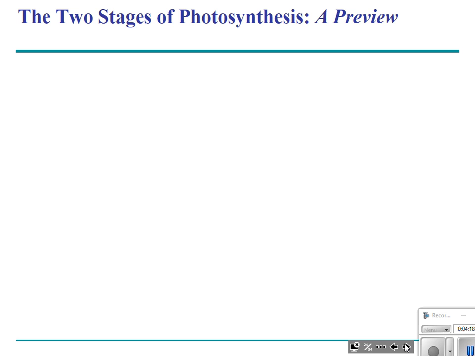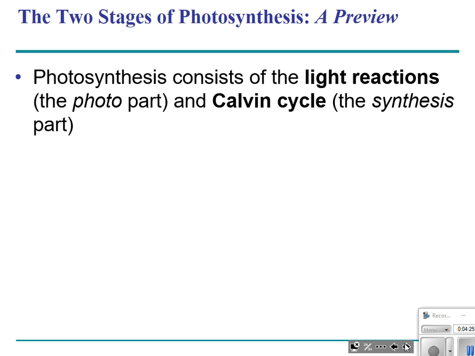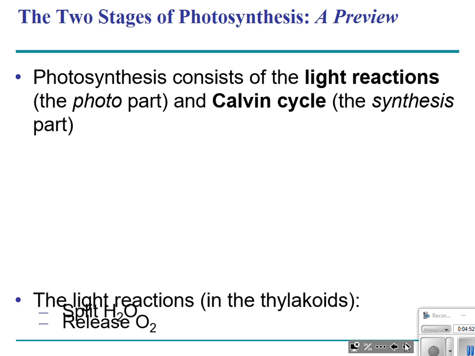Now let's talk about 2 different stages of photosynthesis. The 2 different stages are the light reactions, the photo part, and the Calvin cycle, which is the synthesis part. So the light reactions is the photo part, the synthesis part is the Calvin cycle.